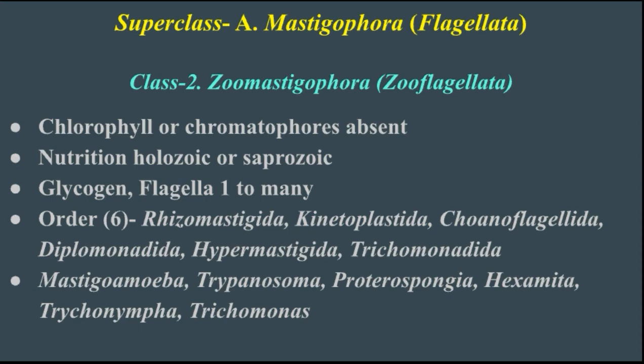So if you compare the Zoomastigophora and the Phytomastigophora, you have seen the first point is clear in this difference. Chlorophyll or chromatophore is absent in the Zoomastigophora, but in the Phytomastigophora chlorophyll or chromatophore is present. It means the Zoomastigophora can't prepare their own food material.